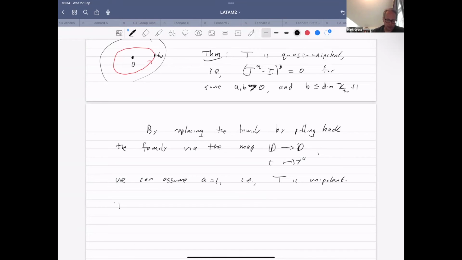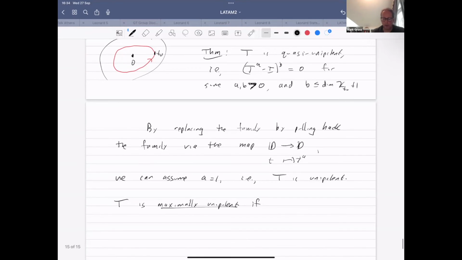So we say T is maximally unipotent if (T minus I) to the dimension of X_t0 is non-zero. Right, so that means that we need to use B equal to dimension X plus 1 in order for this equality to hold.